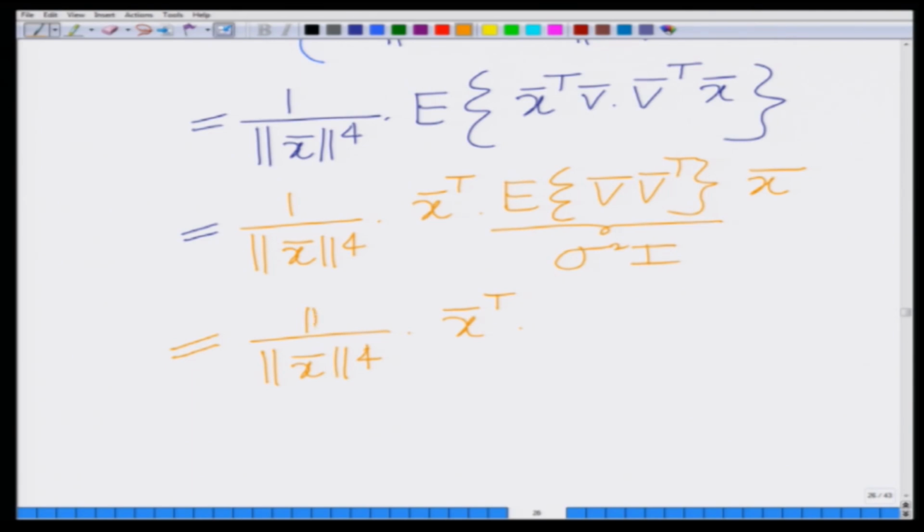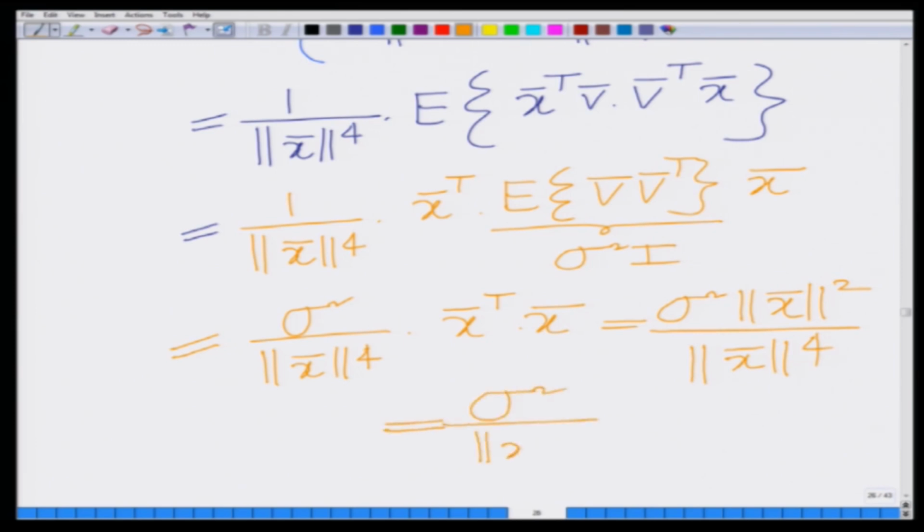The sigma square will come out, so I can write sigma square over here. x bar transpose identity x bar is simply x bar transpose x bar, which is sigma square norm x bar square divided by norm x bar power 4. This is basically your sigma square divided by norm x bar square.